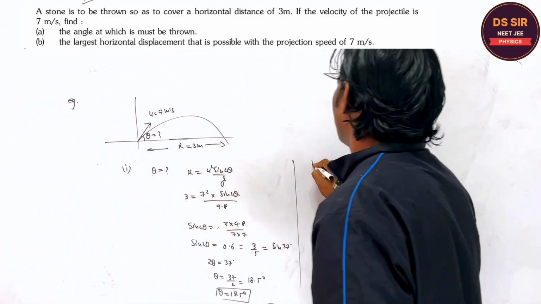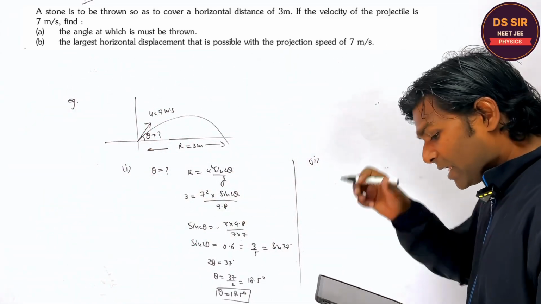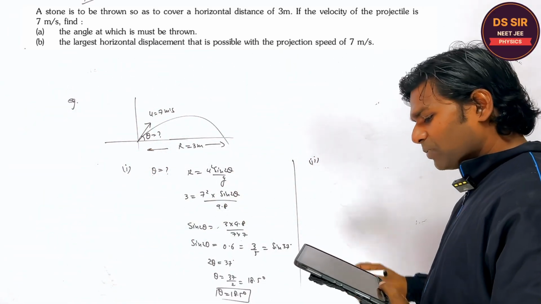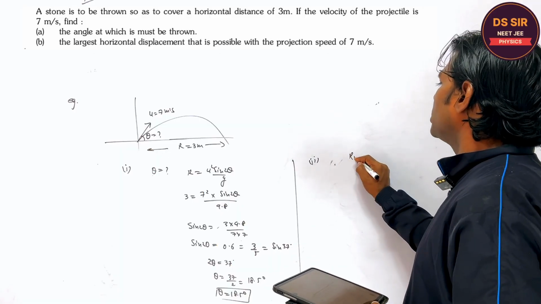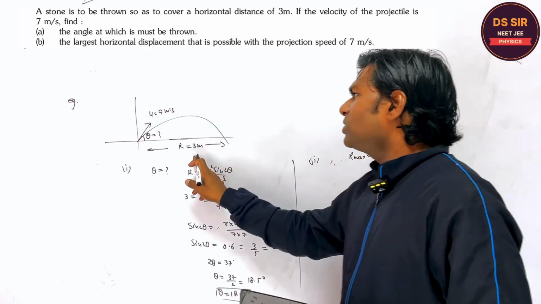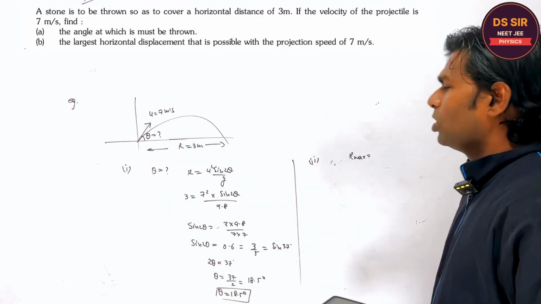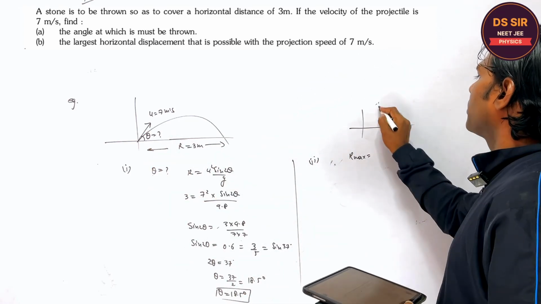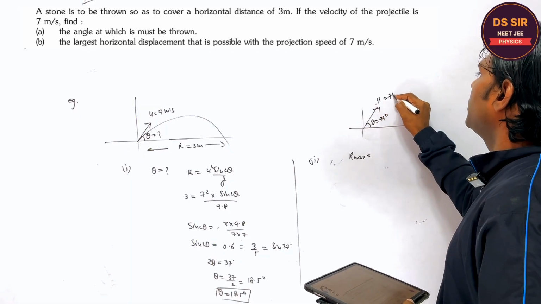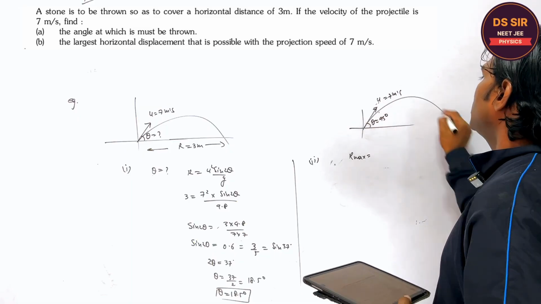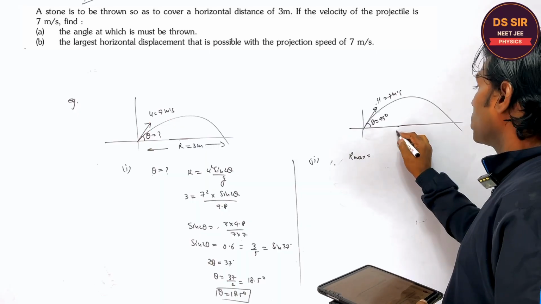Now in the second part, what are they asking? They are asking the maximum horizontal displacement for the speed u. So what is the maximum range? Tell me. This is the range when theta is something like that. To find the maximum range, the angle must be 45 degree. The speed is 7 meter per second. It will move like this. What is the maximum range?